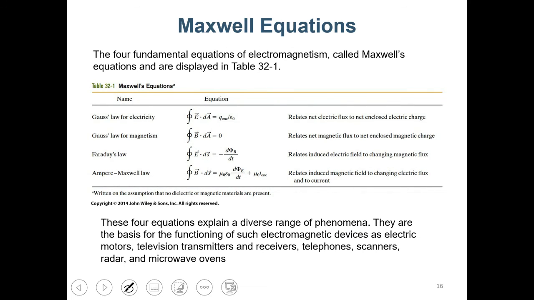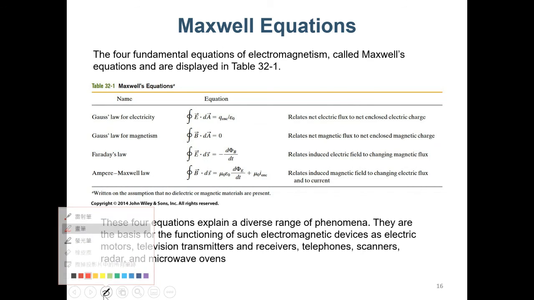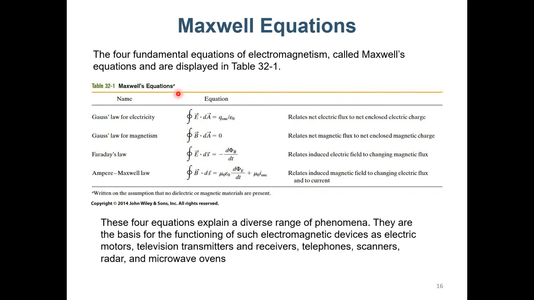So in summary, we have learned all the laws for the Maxwell equations. So we have Maxwell's law for electricity, Maxwell's law for magnetism, Faraday's law, Ampere's law. And actually, why is it called Maxwell equations?